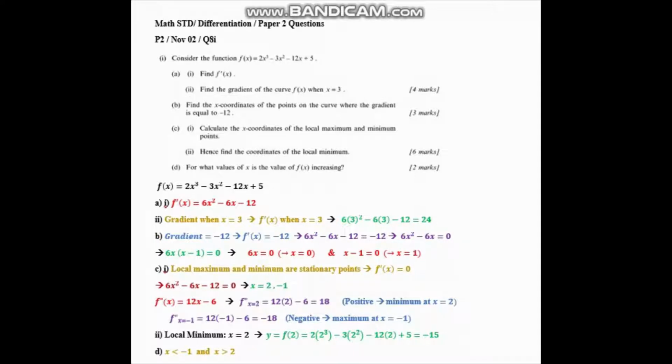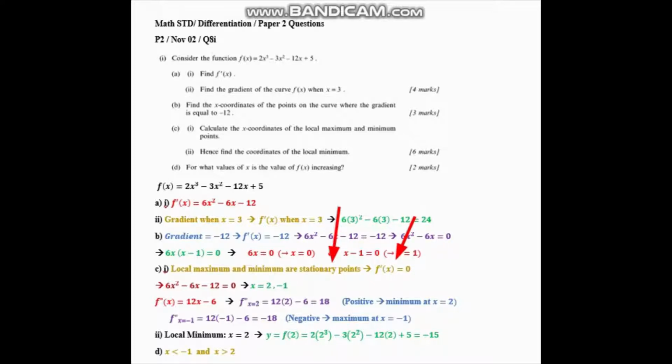In C, I'm required to calculate the x coordinates of the local maximum and minimum points. Now this is important. You should know that the local maximum and minimum points are what we call stationary points or turning points. And the slope of these points is always 0.